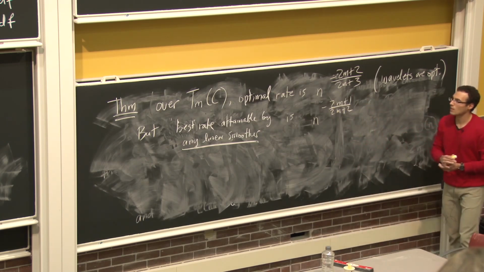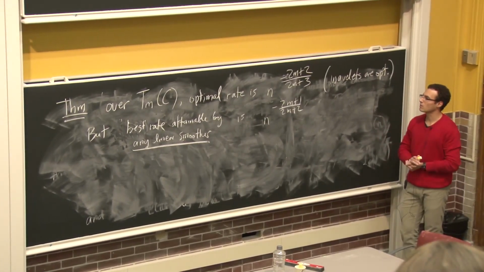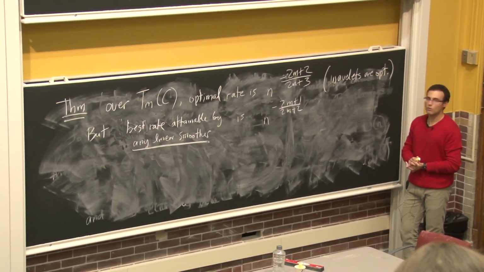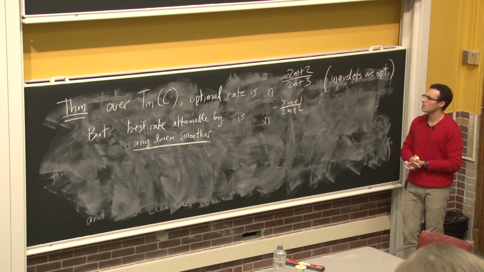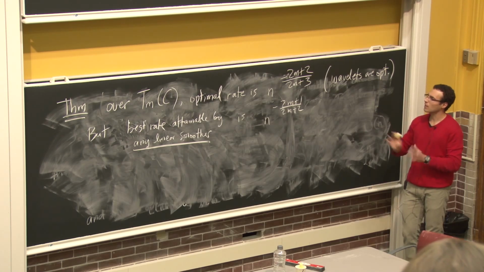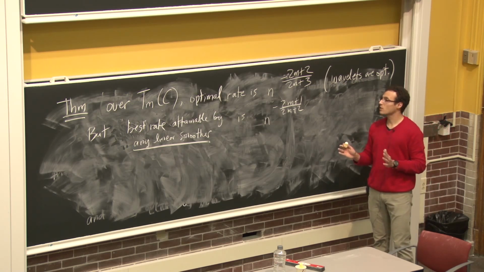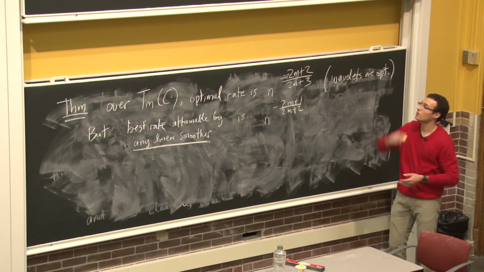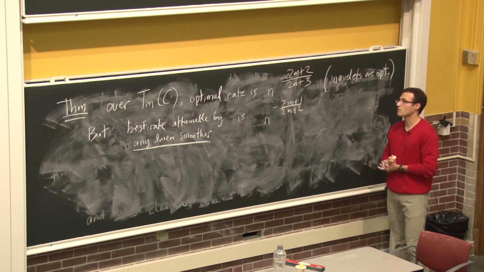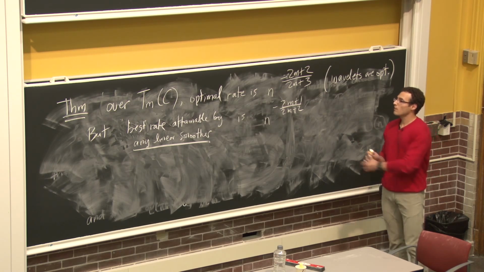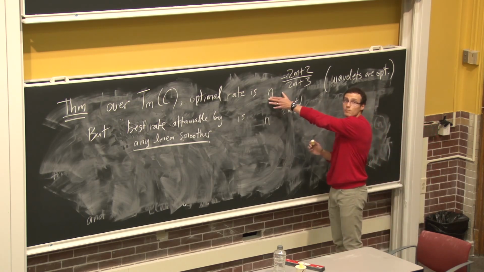These may look like a bunch of fractional powers, and maybe they don't seem that interesting, but let's take a second to look at this. Suppose m was 0, so we're looking at functions of bounded variation. This is a perfectly reasonable class. The optimal rate of estimation is n to the minus 2/3.